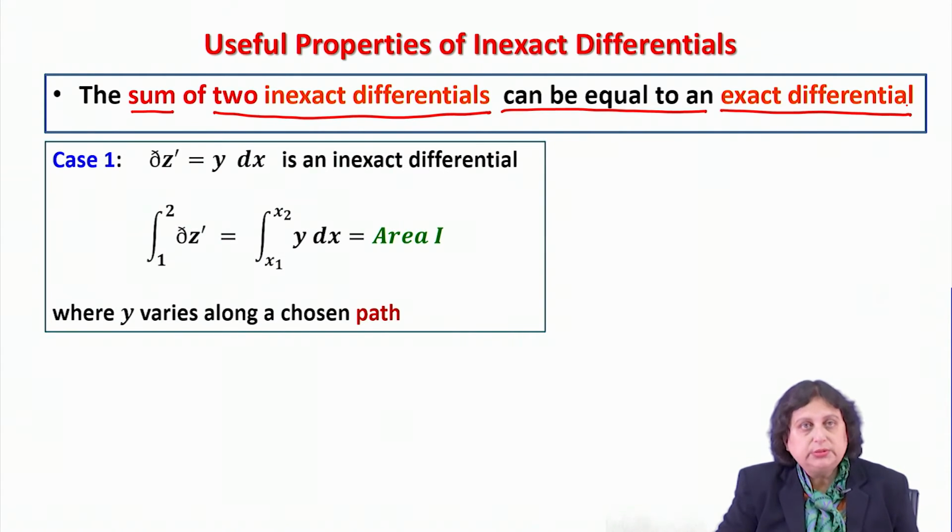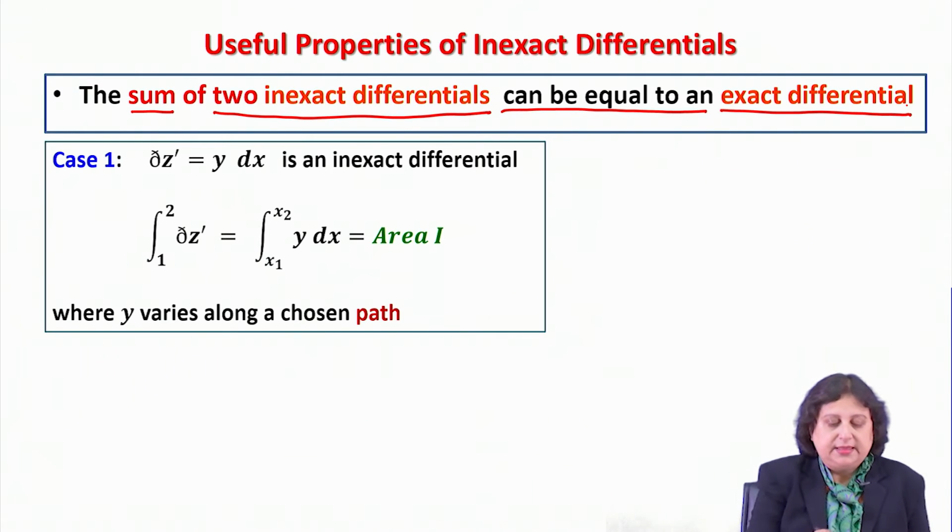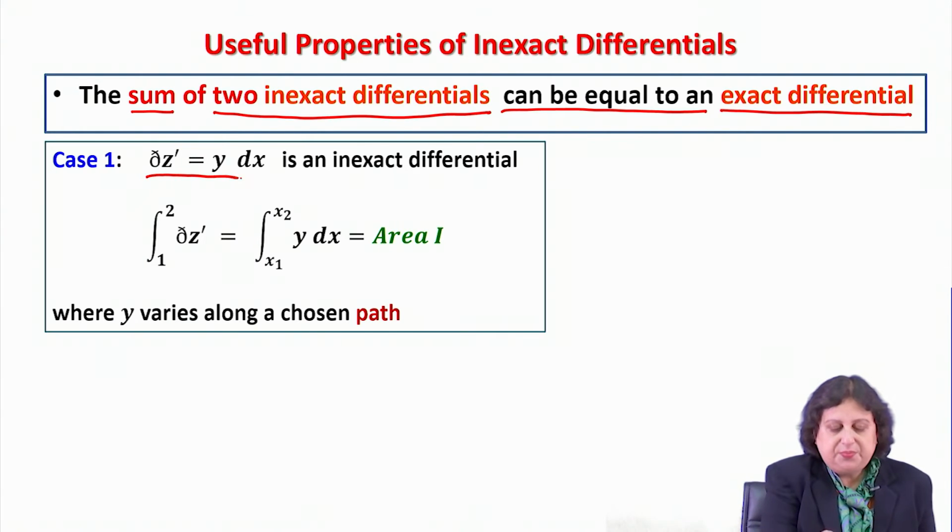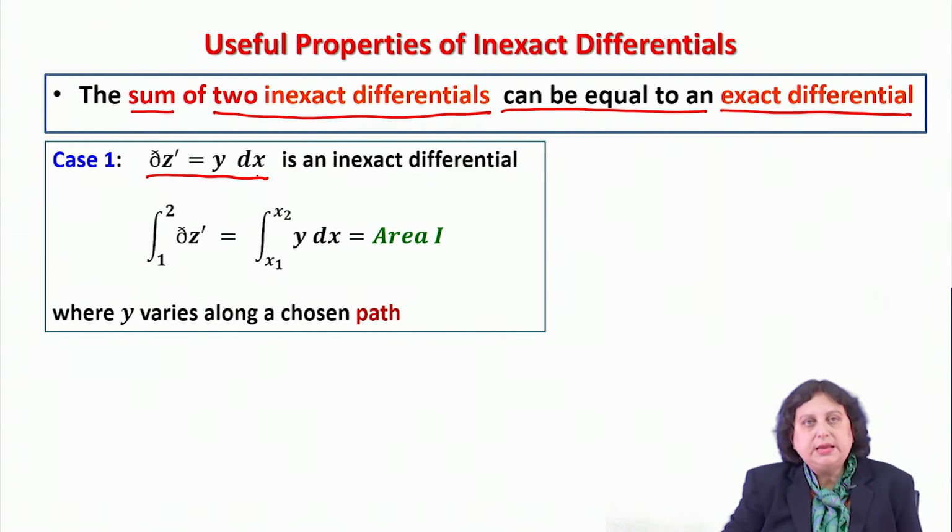Now, to do that, I will take a first case where I am thinking about an inexact differential that we have already seen, and this is dz' is equal to y dx. Please note that for all inexact differentials, I am not writing them as dz.